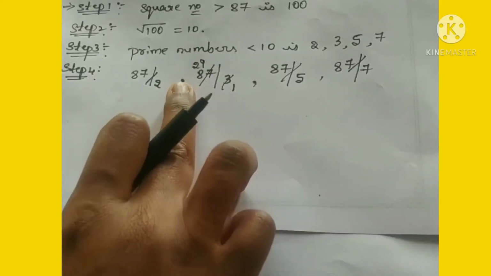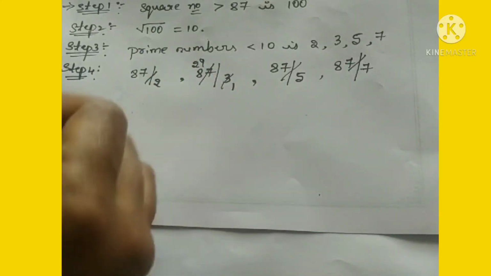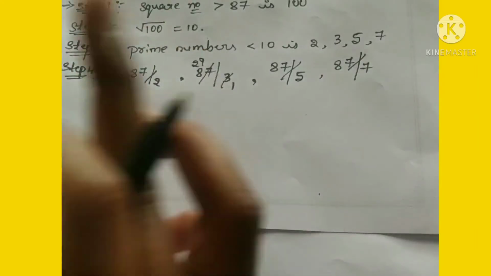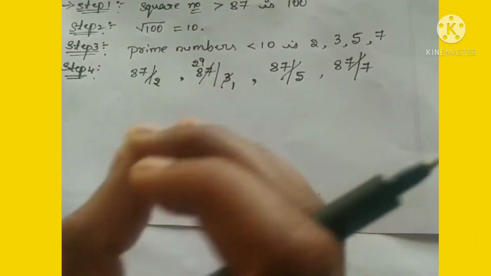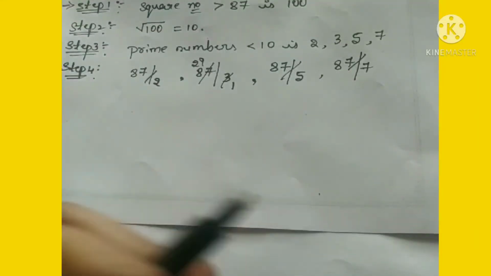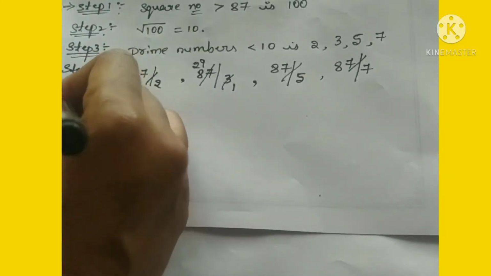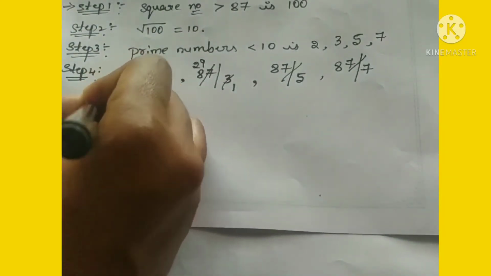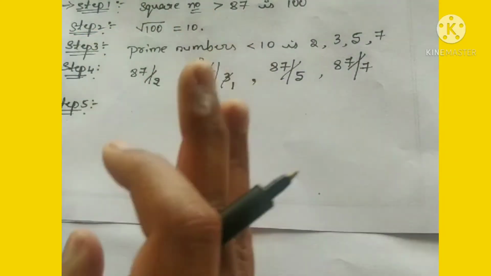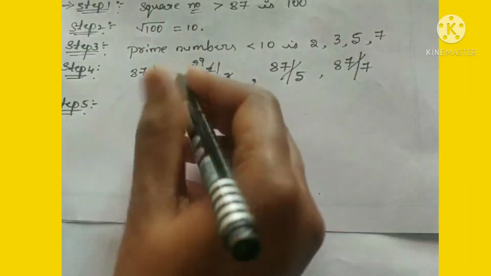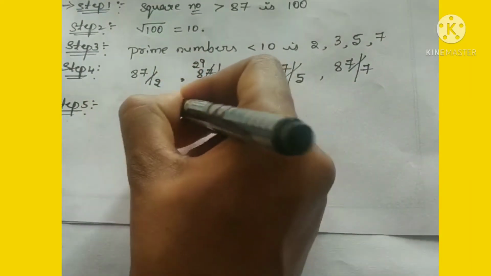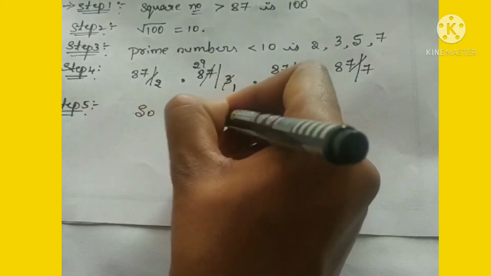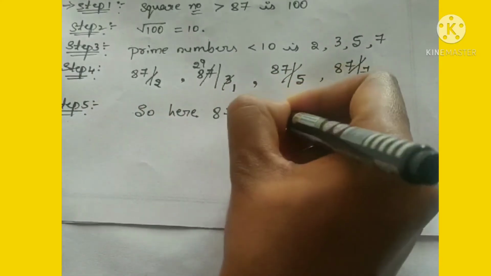So according to step number 5, if they divide, then p is not prime.